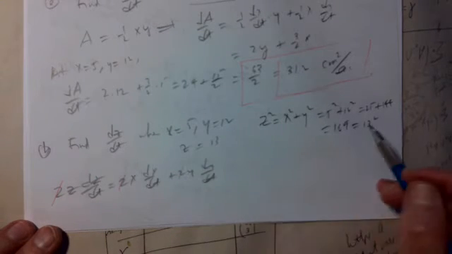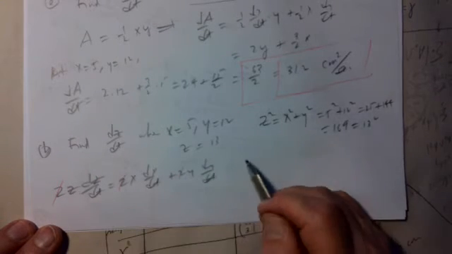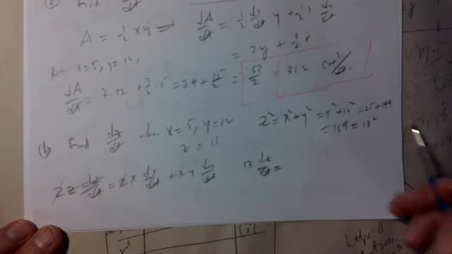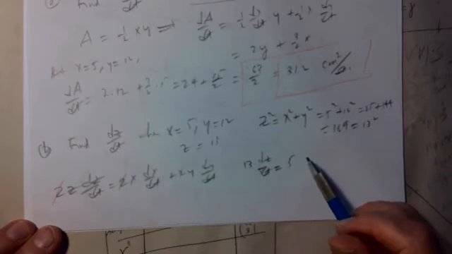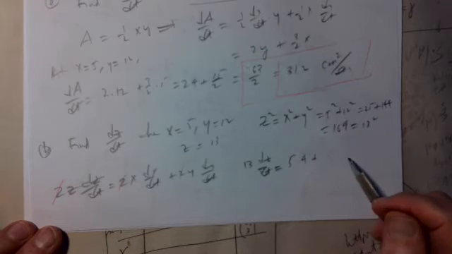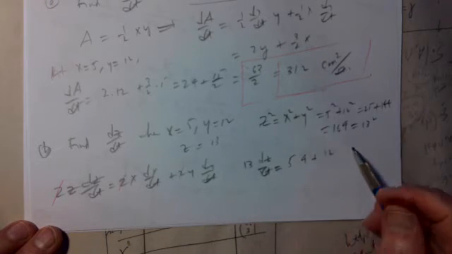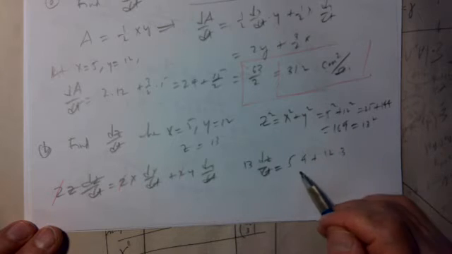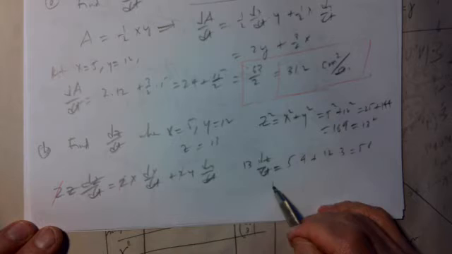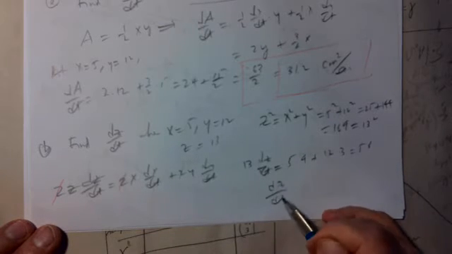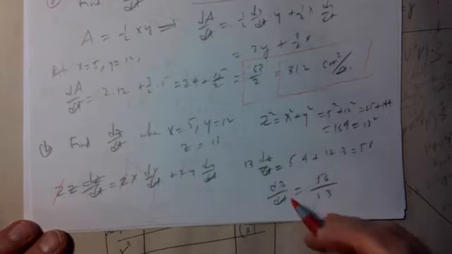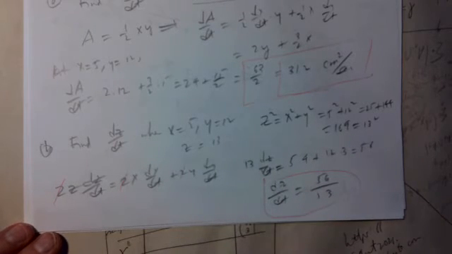So z dz/dt, 13 dz/dt, is equal to x, which is 5, times dx/dt, plus y, which is 12, times dy/dt. This is 20 plus 36, which is 56. So dz/dt is 56 over 13.